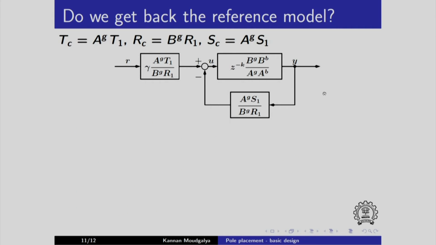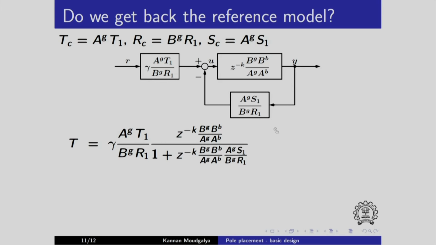So here is the 2-DOF controller, and we have put BG, BB and so on here, where we have substituted for TC, RC and SC as given in the first line. Let us evaluate the closed loop characteristic polynomial, which we denote as T. T equals whatever comes here is written first, and then what appears in the forward path comes here, then 1 plus the product of these two transfer functions.